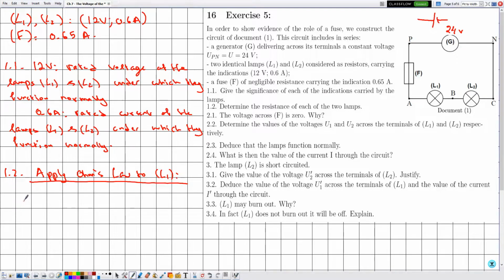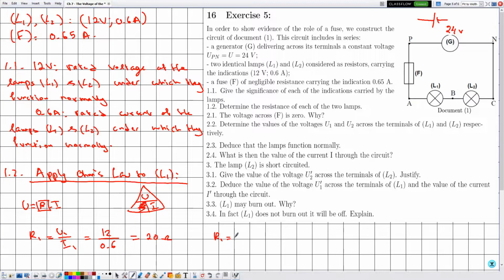Ohm's law is given by U equals R multiplied by I. We are interested in determining the value of R, constructing the triangle, putting our hand over R, then R1 is equal to U1 divided by I1, which is 12 divided by 0.6. Plugging this on the calculator, the value of the resistance is 20. Since both U and I are expressed in the SI, the value of R will be in ohms.